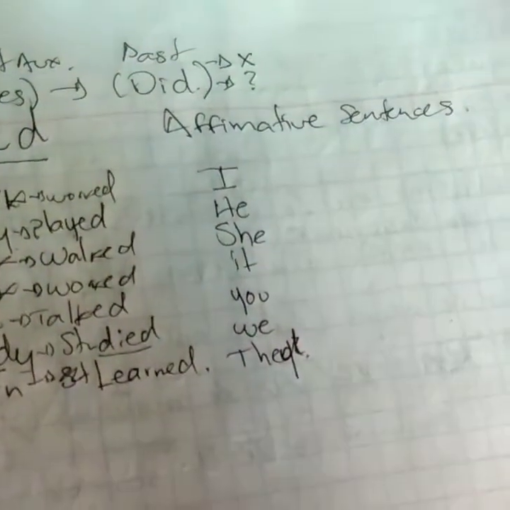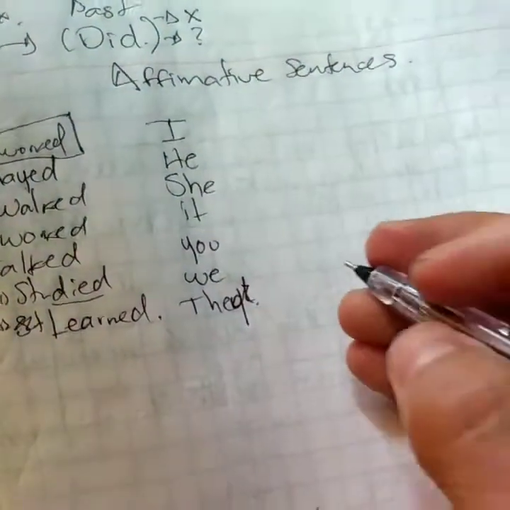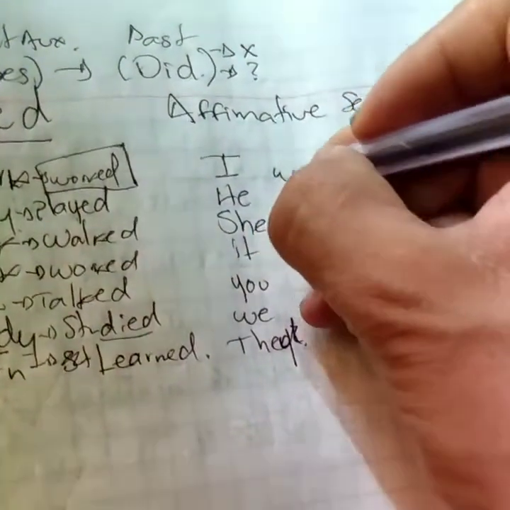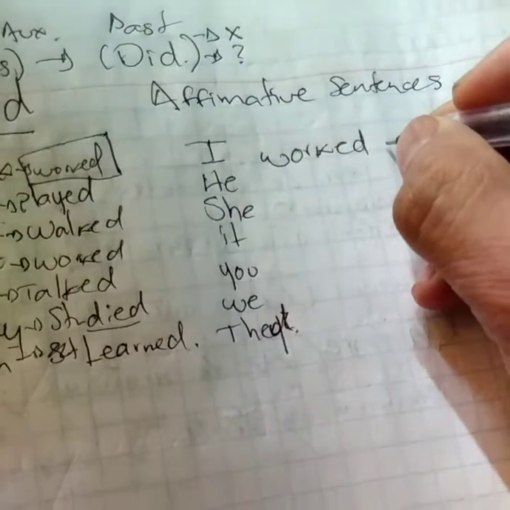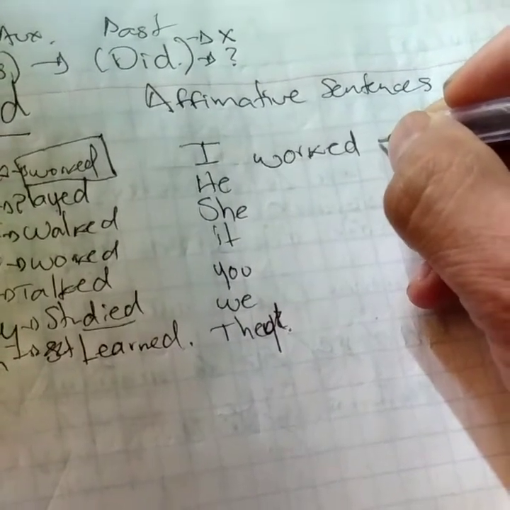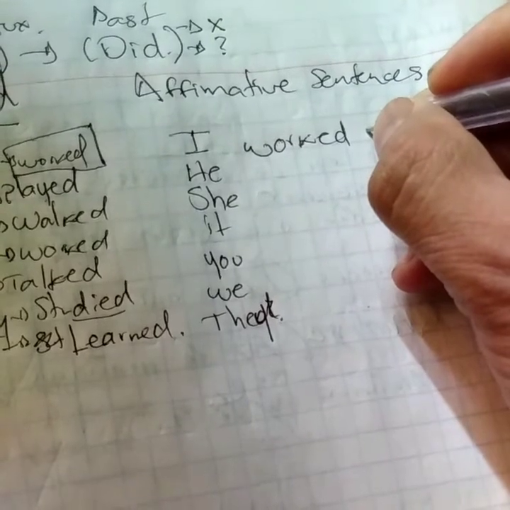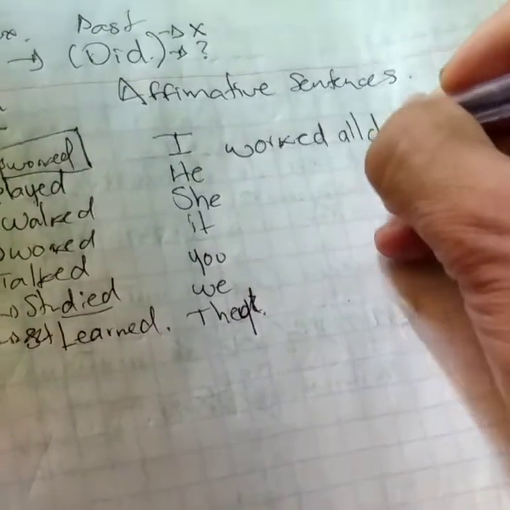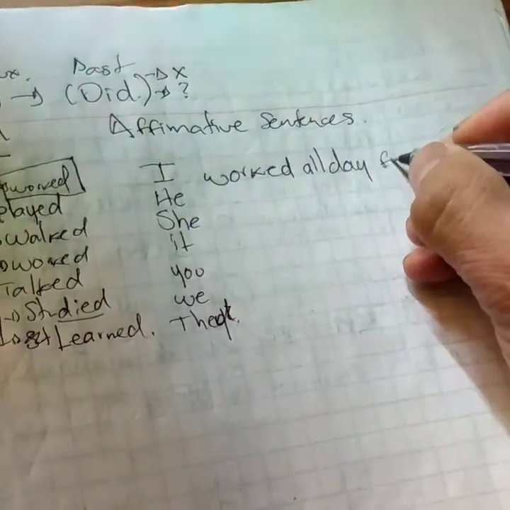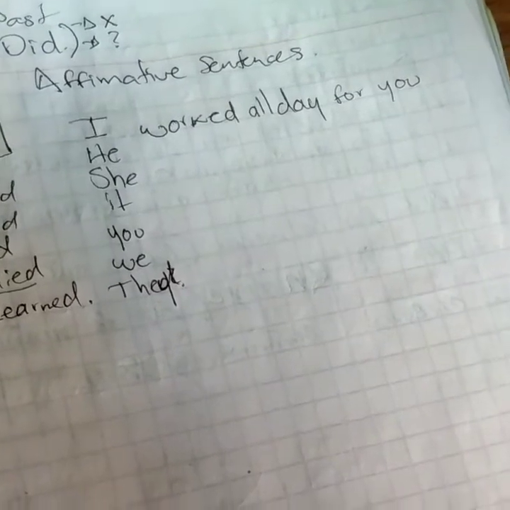Okay, and to make affirmative sentences, the only thing that we have to do is add the verb in past. Like for example, I worked all day for you.